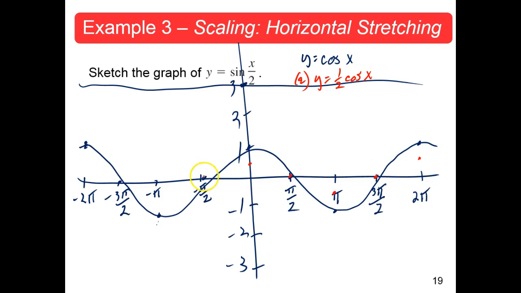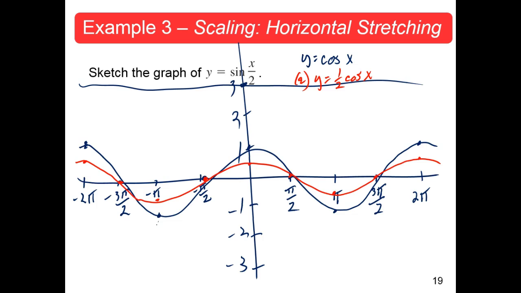And going this way, 1/2 of 0 is 0, 1/2 of negative 1 is negative 1/2, 1/2 of 0 is 0, and 1/2 there. So here is the A graph. It's just a vertical shrink because the A is less than 1.